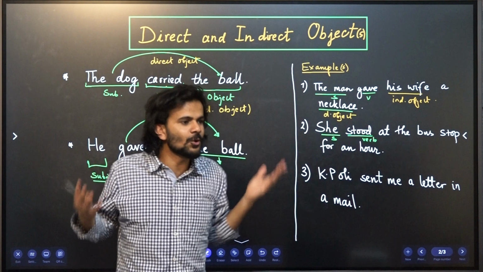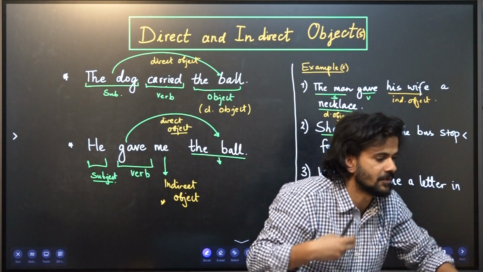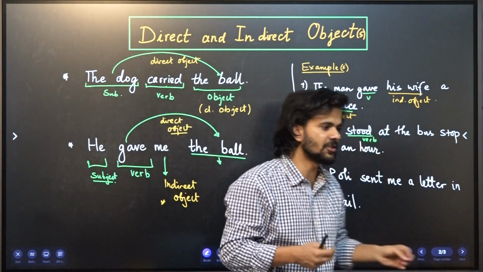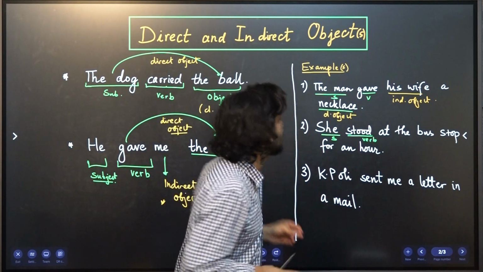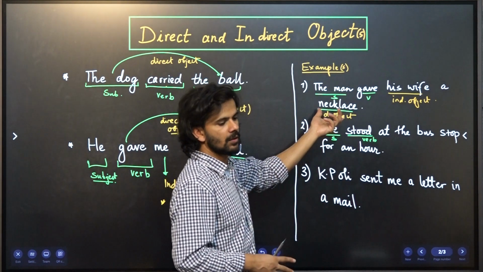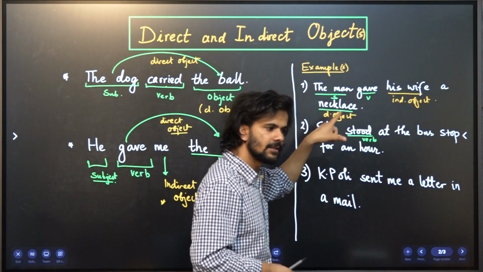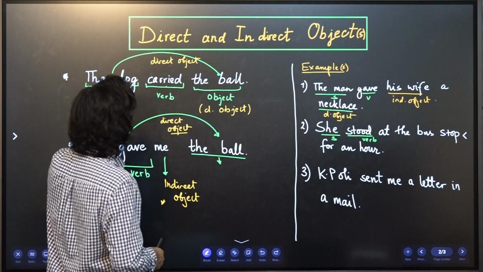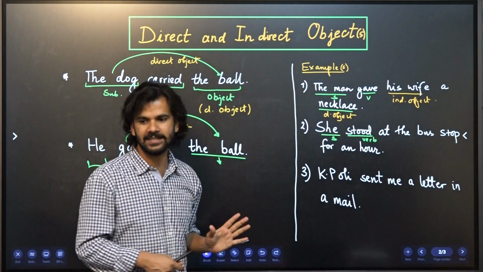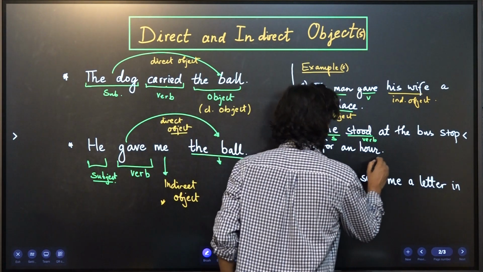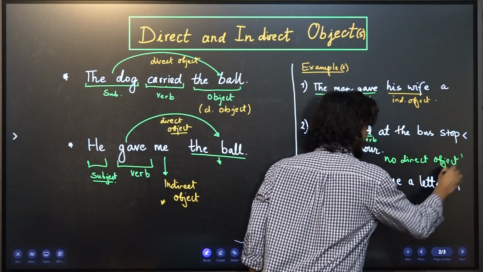Nothing. She stood, that's it. There is nothing to be stood on. In some ways the action does not happen on something; standing does not happen on something, right? Giving happens. What did the man give? A necklace. What did the dog carry? The ball. What did she stand? Nothing. So there is no direct object in this sentence, or indirect also.